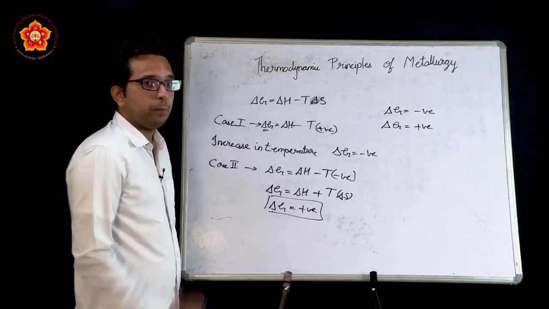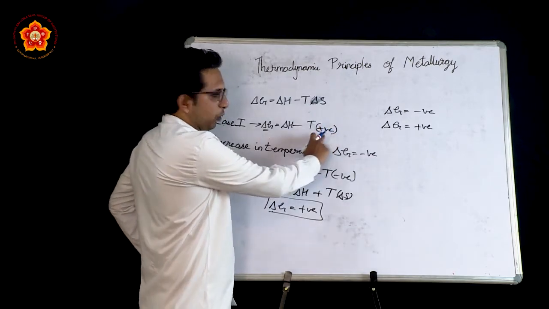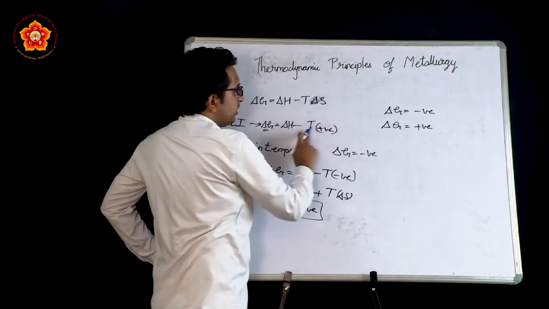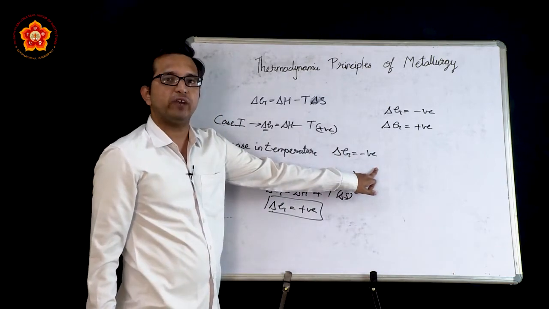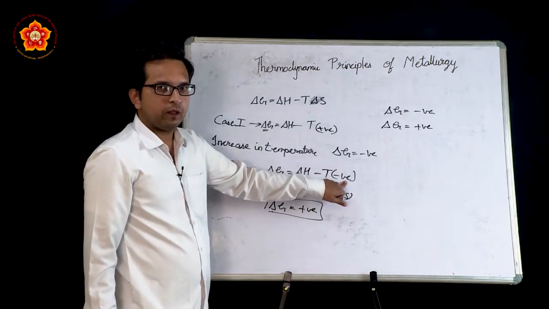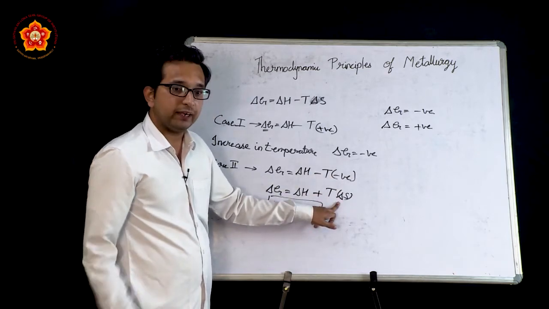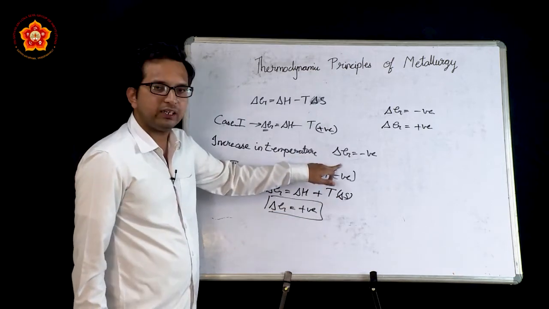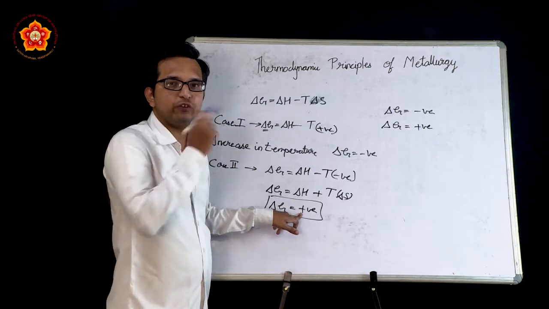So here the important basic point we need to know is that if the entropy is positive, an increase in temperature will lead to a spontaneous reaction, because you are getting delta G as negative. In the case where entropy is negative, the entire factor happens to be positive, and therefore as temperature increases, the delta G value will become more positive.